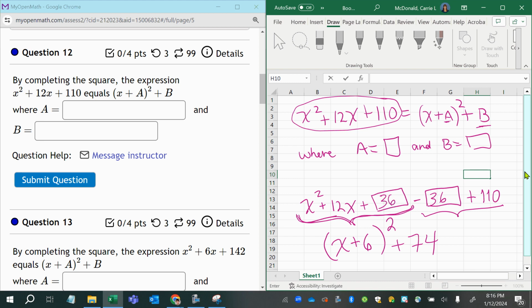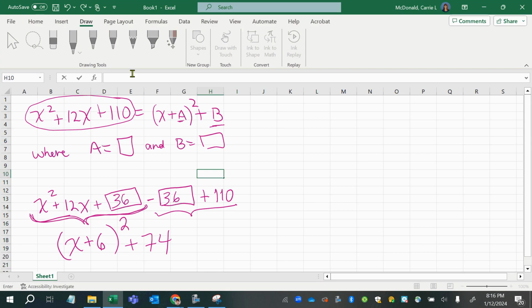So now notice, when I look at this up here, it's x plus something in a quantity squared. The a was unknown. We were looking for it. That's what we wanted to put here. So this is in that position. So the answer for A is going to be 6.